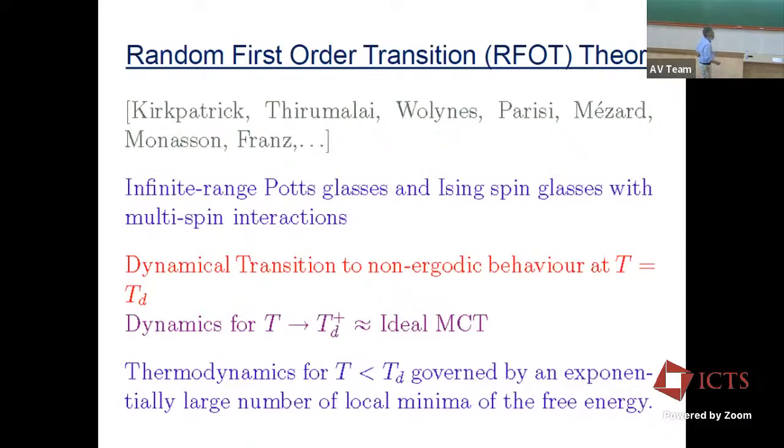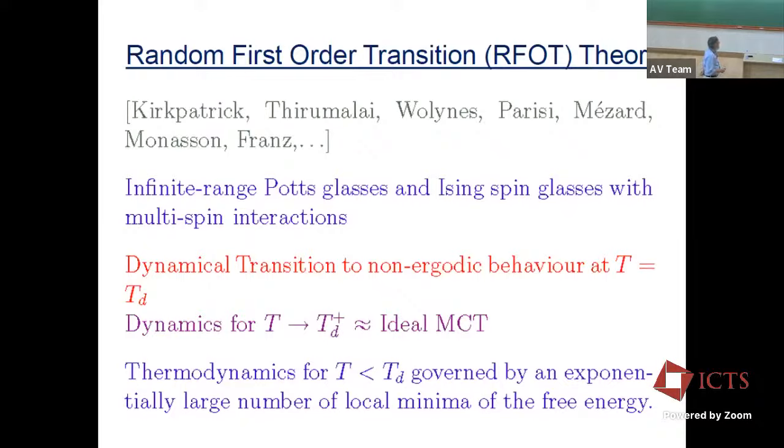But people have looked at different kinds of spin glasses. The first papers were done by Kirkpatrick, Thirumalai, and Wolynes, and then Parisi, Mezard. Many other people also have looked at this, where one is looking at spin glass models that are different from the SK model. These are still mean field models in the sense that they have infinite range interactions, only that in that limit, it is possible to actually work out the behavior explicitly.